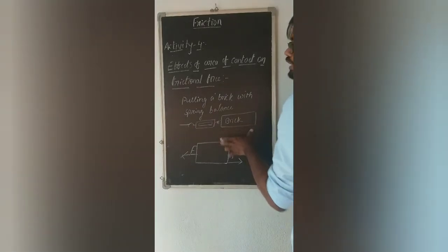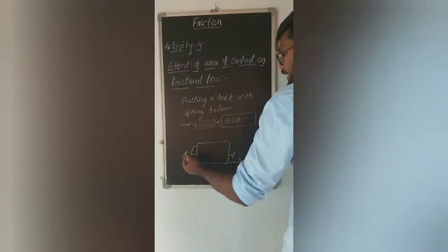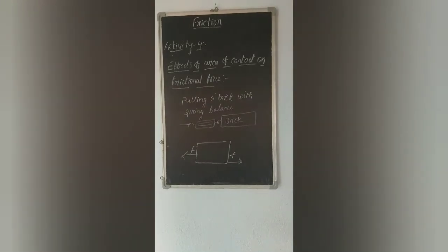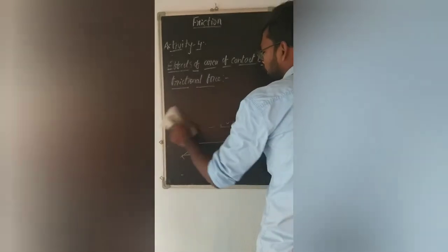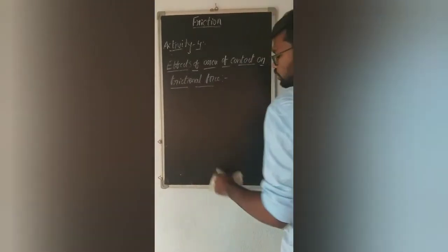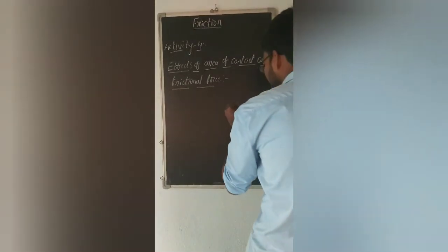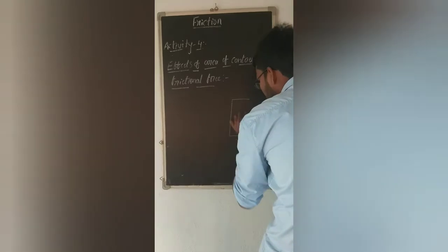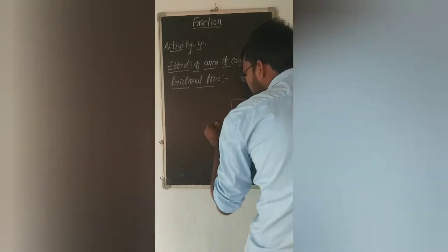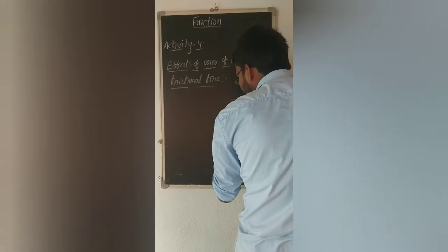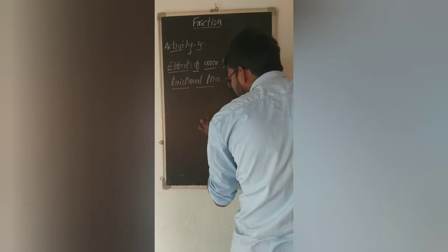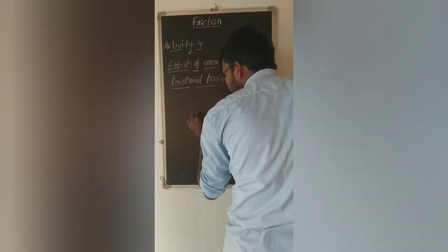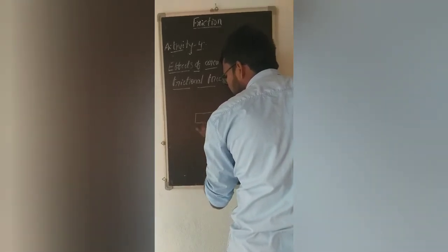If the area of contact is big, the force acting on that object as well as the frictional force acting on that object are more. Now, if we reduce the area of contact and try to pull the brick, what will happen? Now place the brick in a horizontal position and add the spring balance.